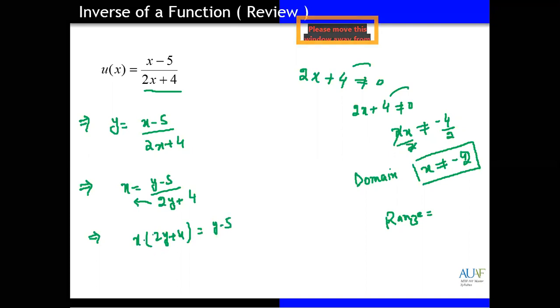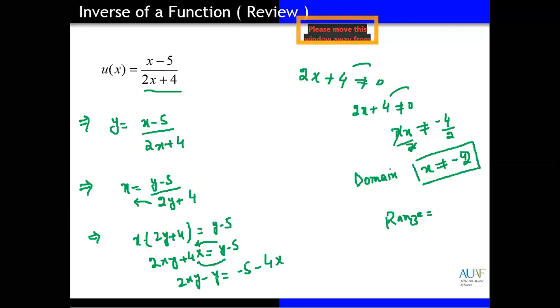If we multiply x with these two terms, we have 2xy plus 4x, equal to y minus 5. Transferring y to the other side, because we need to find the value of y, we have 2xy minus y, and transferring 4x to the other side, equals minus 5 minus 4x.